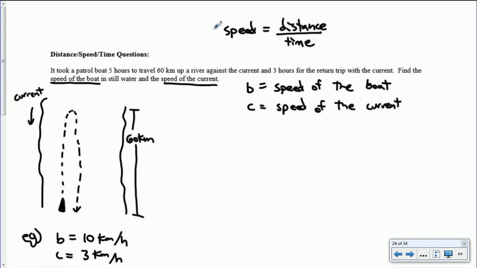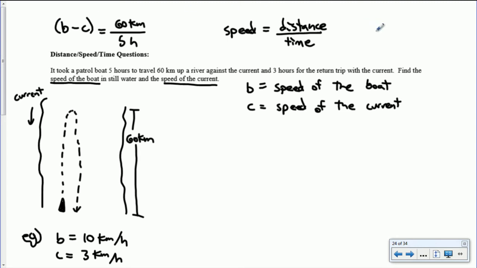So upstream, we have the distance, 60 kilometers, we have the time, 5 hours. We need to figure out the speed. So the speed when they're going upstream is going to be b minus c. So in this example, it's 7, right? That's not necessarily the answer, but that's the sort of calculation that we'll have to do.